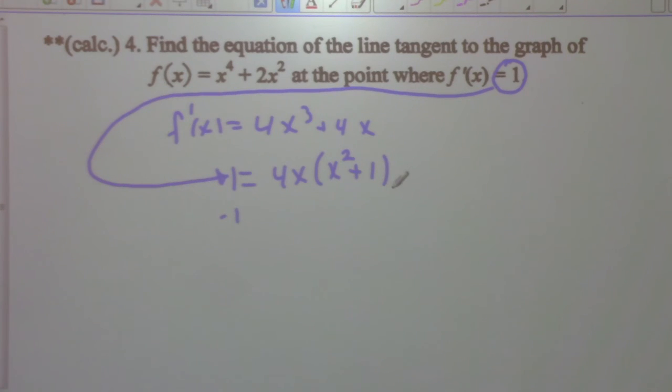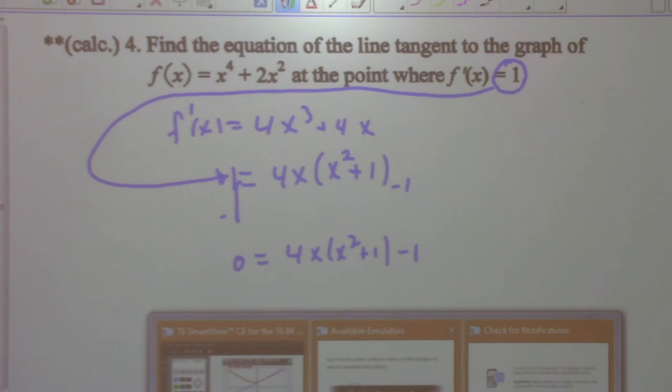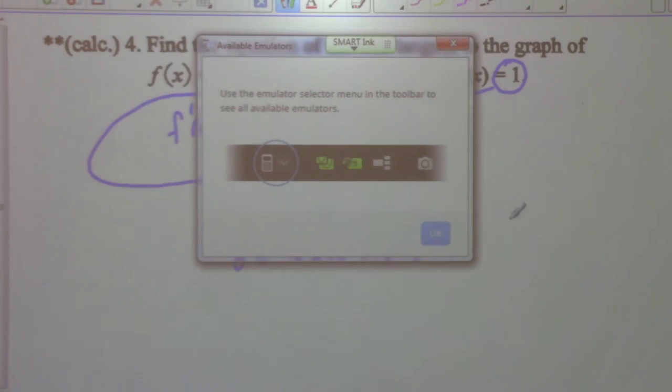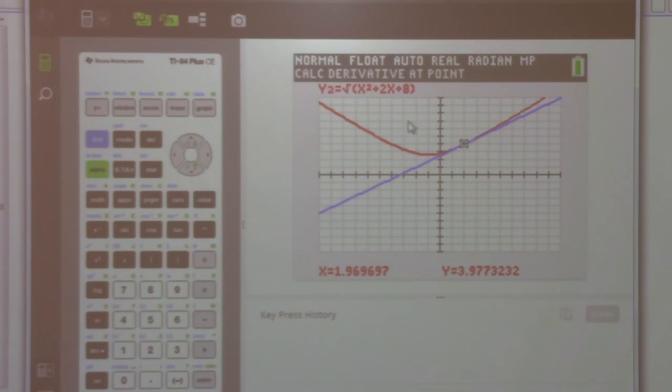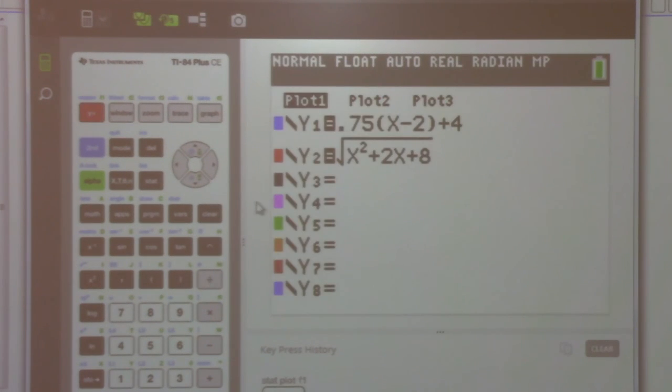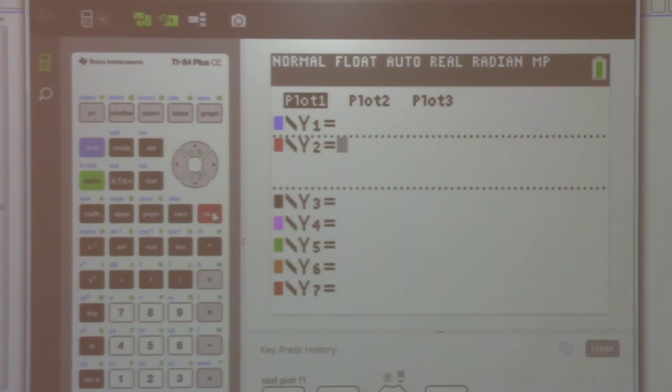Subtract 1, and then you have 0 is equal to 4x, x squared plus 1, minus 1. See, I did that and then didn't know.